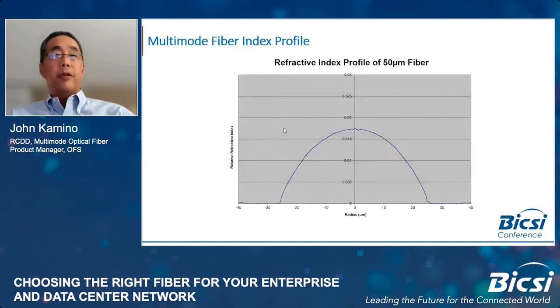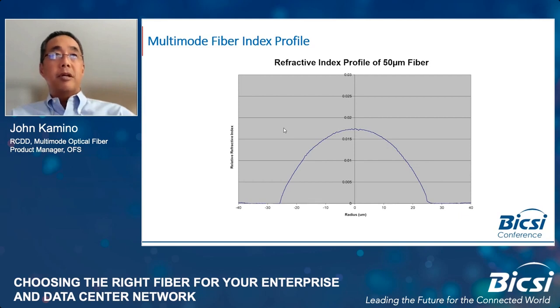We compensate for the different distance traveled by grading the index of a multimode fiber. You'll see here the refractive index profile of a 50 micron multimode fiber, and you can see that the index of refraction is highest at the center, that is at the radius 0 of the core, and lowest then at the core clad interface.